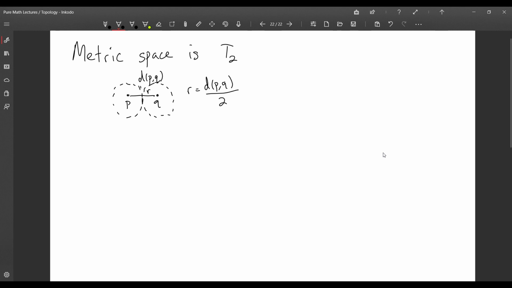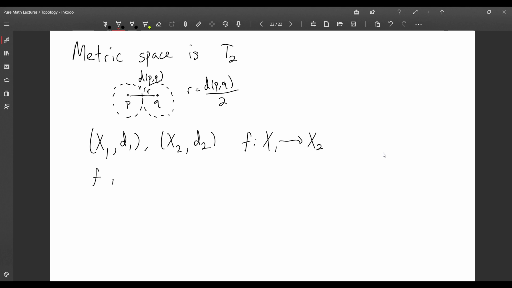The next thing, which is pretty interesting: if you have two metric spaces, so let's say X1, d1, and X2, d2, and f is a function from X1 to X2, then f is continuous. Remember, continuity is something that we defined in general on a topology.